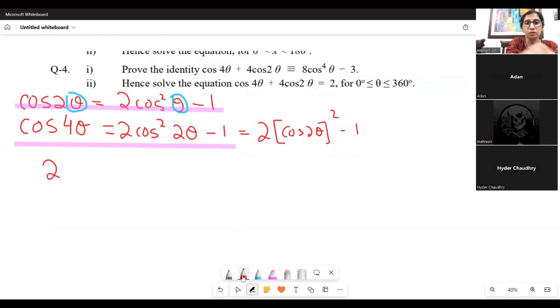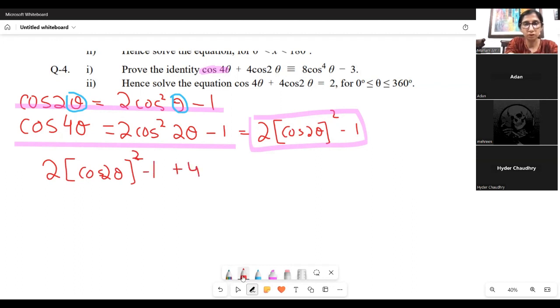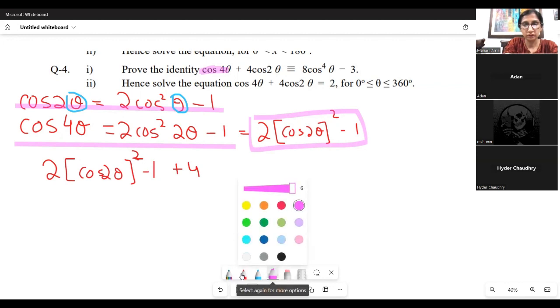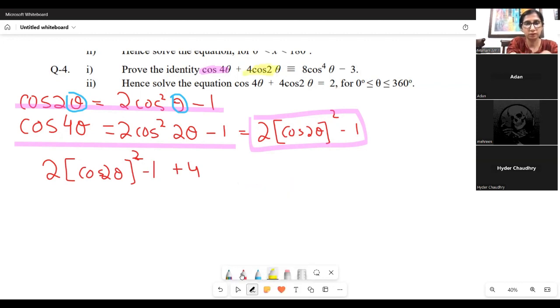So cos 4 theta will be replaced by this, plus 4 times cos 2 theta, which will be replaced with 2 cos square theta minus 1.